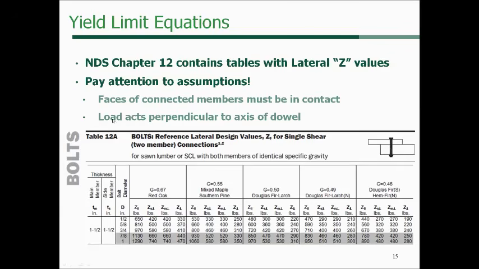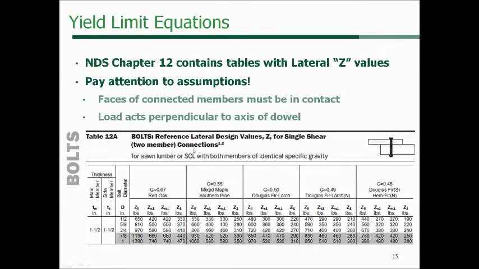And also that the load acts perpendicular to the axis of the dowel. And so you see the dowel here is normal to the axis of the wood members. Now, we can look at different angles to grain, but the load is perpendicular to the axis of the dowel for these tabulated values. There are other ways to calculate at an angle that's not perpendicular, but for the tabulated values, those are some of the assumptions.